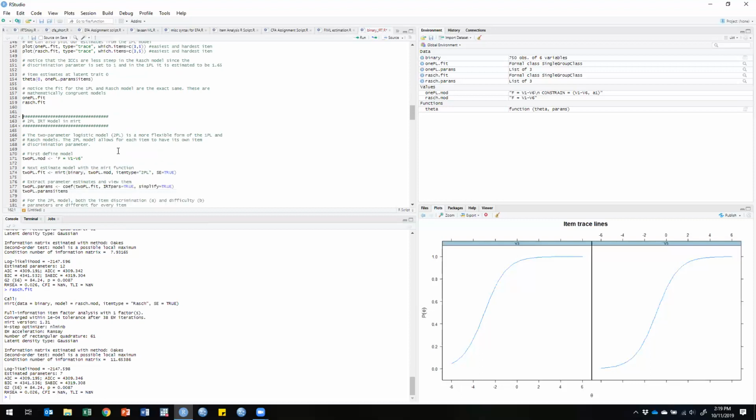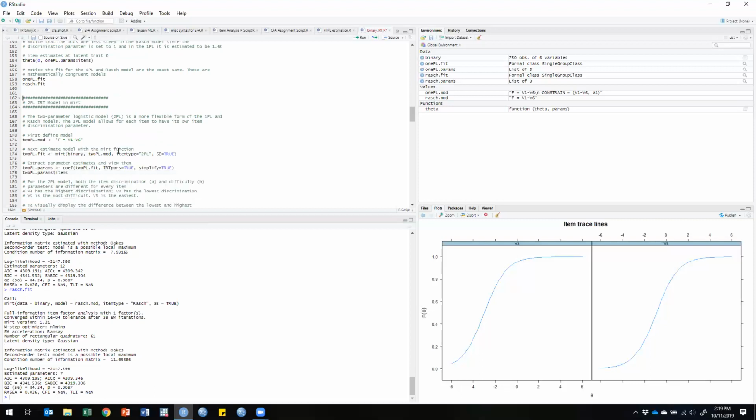So we can relax the assumption that all items are equally discriminating and actually estimate a discrimination for each item. That's what the 2-parameter logistic IRT model is. It's a more flexible form of the 1PL or RASH model where each item has its own discrimination parameter.